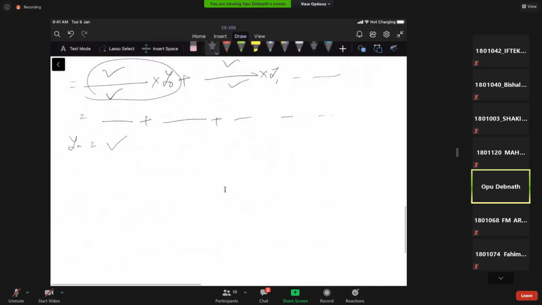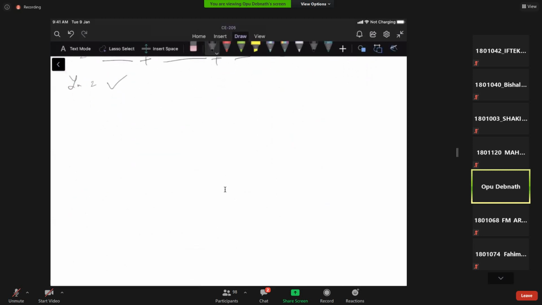So let's solve a problem. Workout example, like this, x and y values: 5, 6, 9, 11 for x, and 12, 13, 14 and 16 for y.